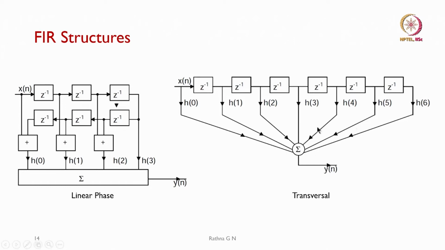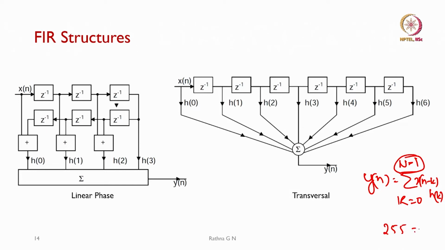The order of the filter in sigma form, we usually represent as y of n equal to sigma k equal to 0 to n minus 1, x of n minus k into h of k. So, this value n can be up to 255, which is in power of 2, 2 power 8, 0 to 255, so it becomes 256, equivalent to 2 power 8.